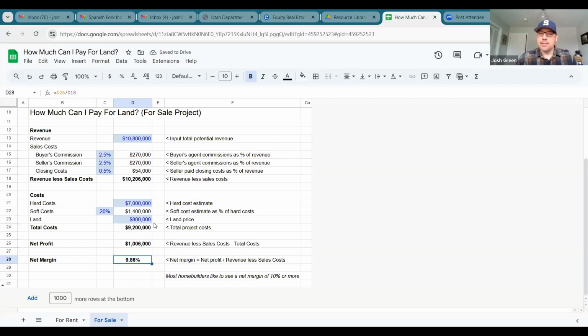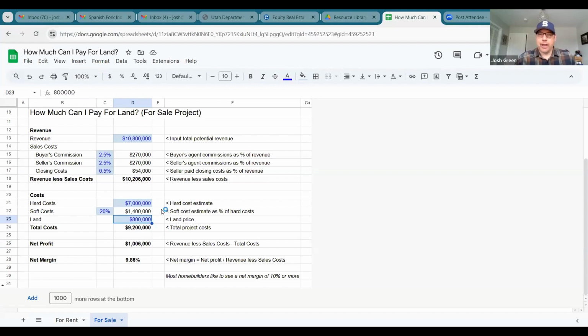So if you feel good about your other assumptions about your costs, this is how you back into what you can pay for the land and still meet your return threshold, or your profit threshold. In this case, maybe your goal was to make $1 million. Okay, that looks like it's possible if you can get the land for $800,000 instead of $900,000, right?